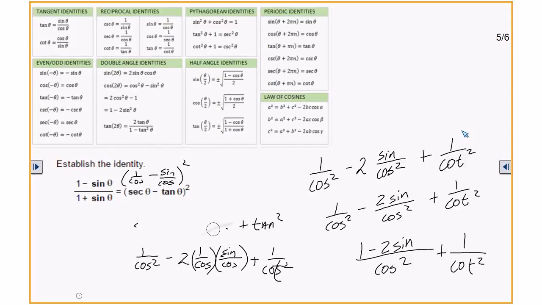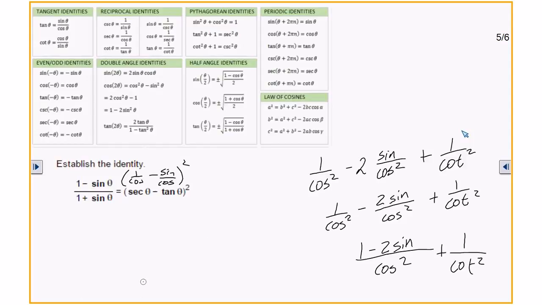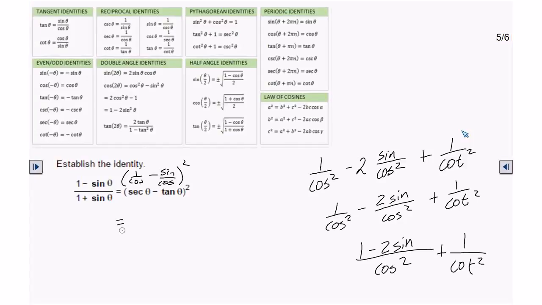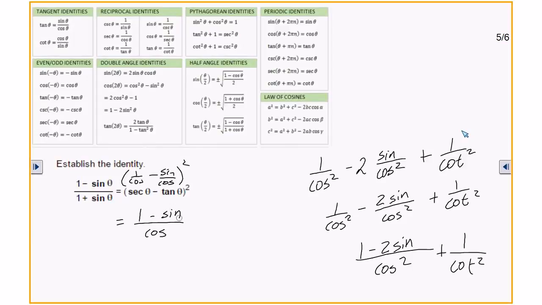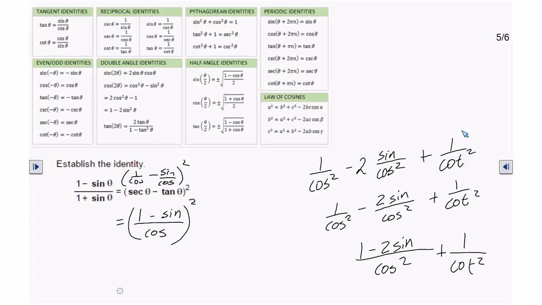You could do that, but also, we're gonna try that other thing we were doing also. This is 1 equal to 1 minus the sine over cosine. Is that what you're talking about? Yeah. Squared.